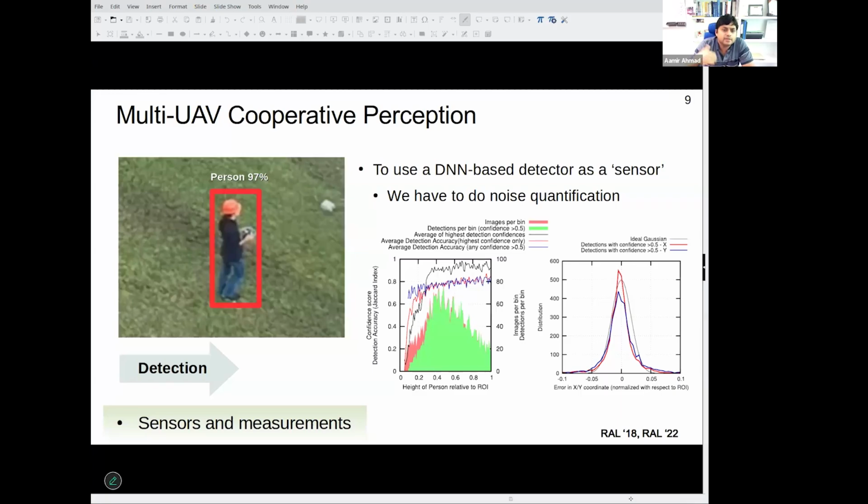And then after running detections on this augmented set, we performed statistical analysis to quantify the noise in the 2D pixel error, which for our detector we could approximate as zero mean Gaussian with associated covariances. So these covariances, as a function of the state, etc., are basically the noise quantification that we need in order to use this detector as a measurement in the full estimator.